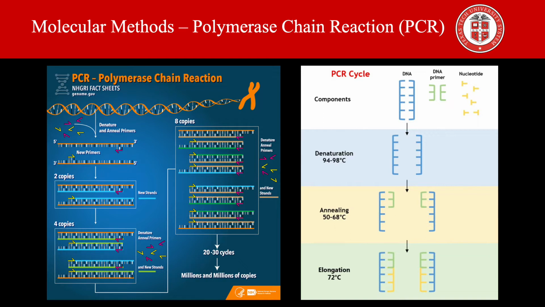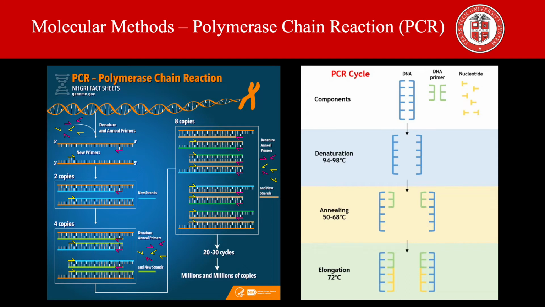In order to amplify a segment of DNA using PCR, first the sample is heated, so the DNA then separates into two pieces of single-stranded DNA. This step is called denaturation.